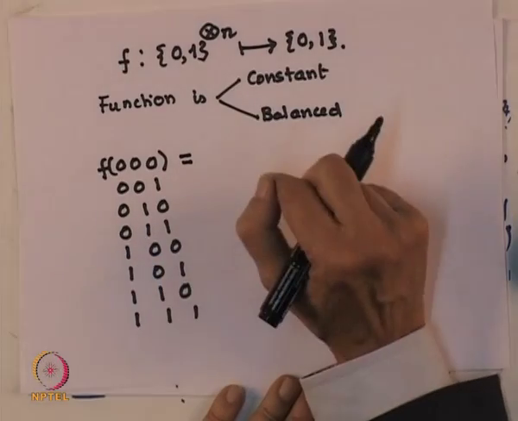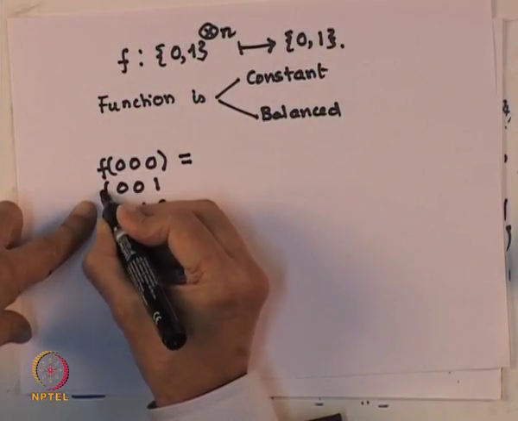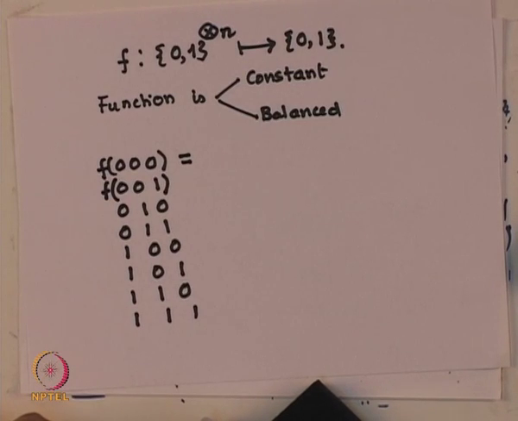Now if it is the same, you still haven't reached a conclusion. If it is not the same, you can stop your computation, because we have said there are just 2 types of functions. So for example, if f000 is equal to 0 and f001 happens to be equal to 1, then you know immediately it was a balanced function because 2 of them did not agree.